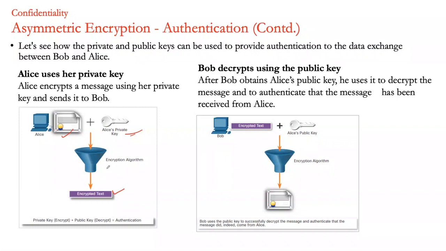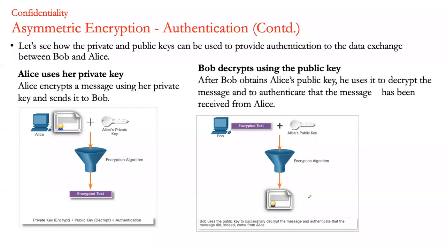This encryption algorithm may be DES, triple DES, or AES. It will generate the authenticated, encrypted text. When this encrypted text is given to Bob, Bob uses Alice's public key with the same algorithm to generate the decrypted message.